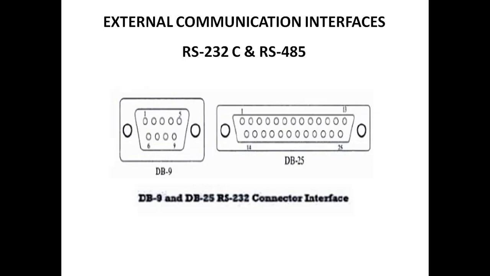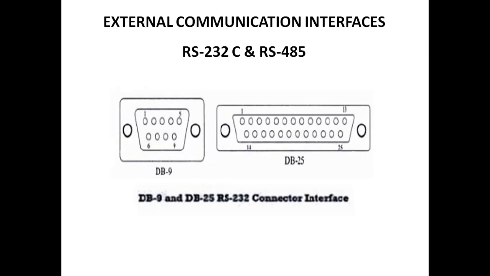As per the EIA standard, a logic 0 is represented with a voltage between +3 and +25 volts, and a logic 1 is represented with a voltage between -3 and -25 volts.